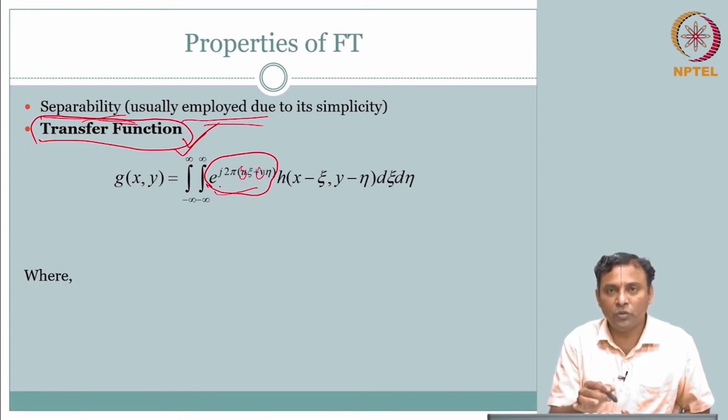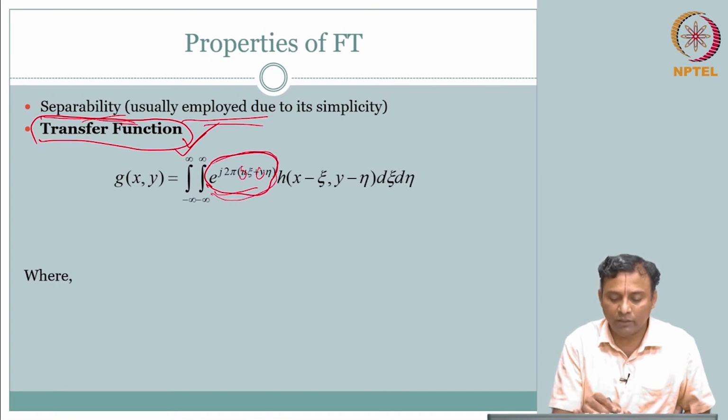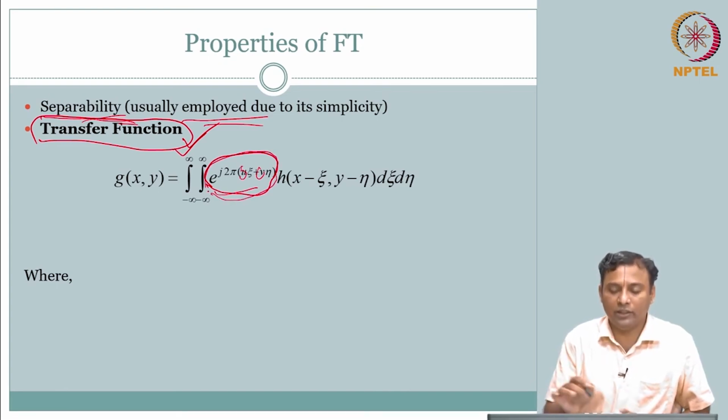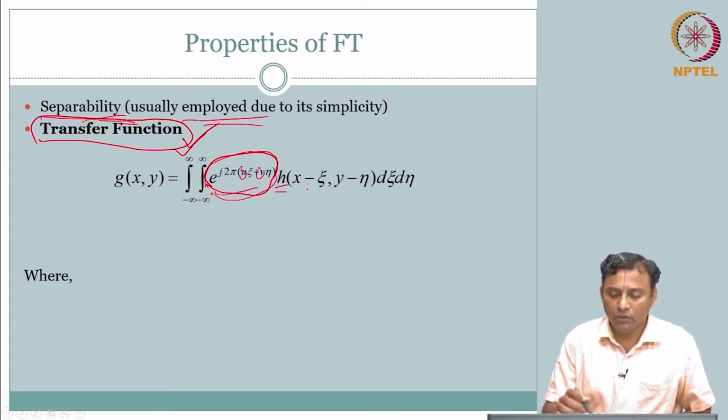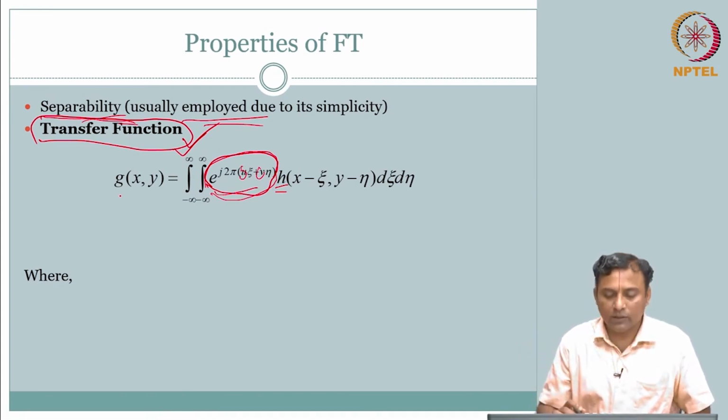Instead of f of x comma y, the input signal, we have replaced it with a complex exponential. That is all we have done, and this is your system impulse response. So, this is your system, the input goes into the system, and this is your output.